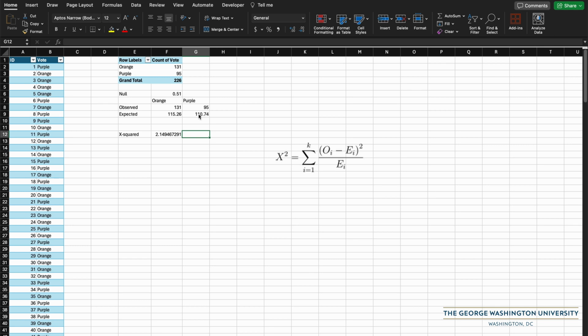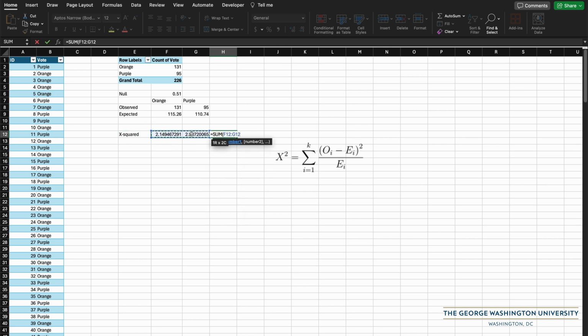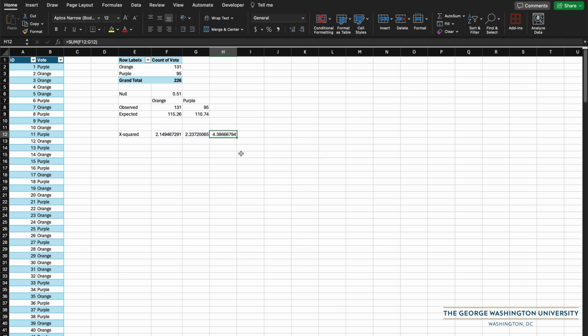So let's do the same for purple. And there I get the result 2.23. If I sum over these, I'm going to say equals sum, and drag over these two values, close, and there's my x squared value, 4.386. That is my x squared statistic.